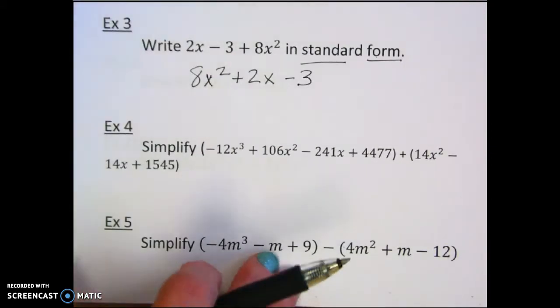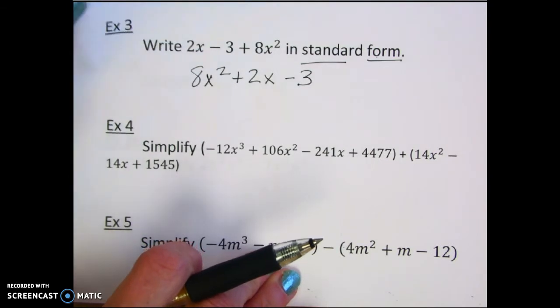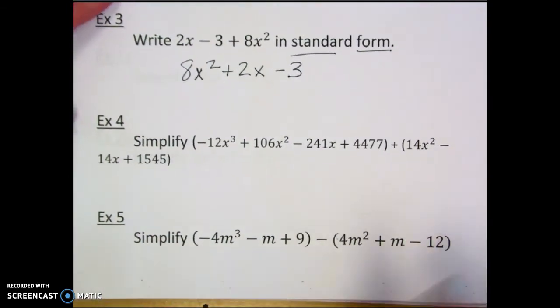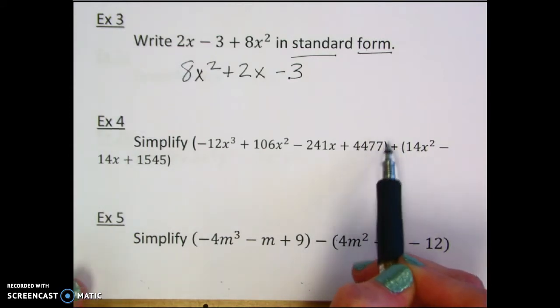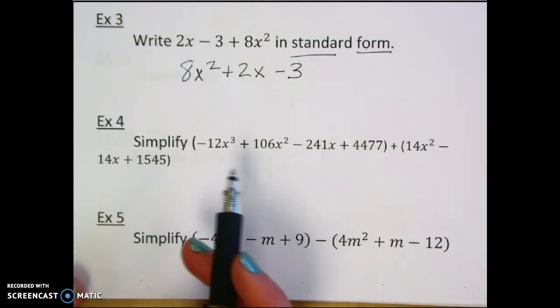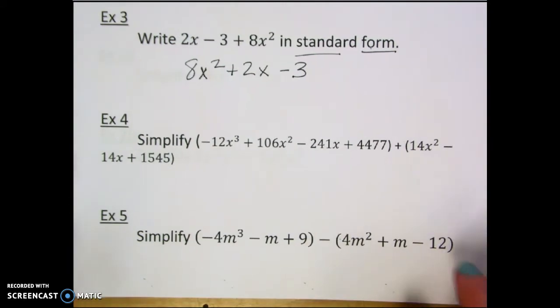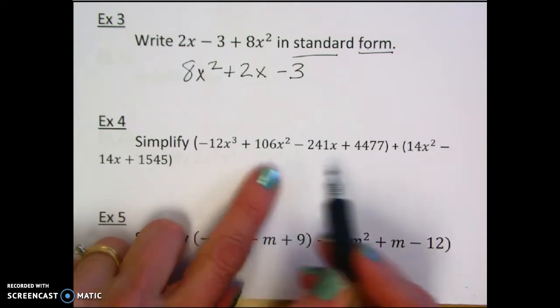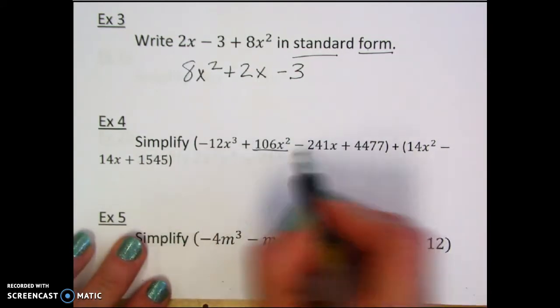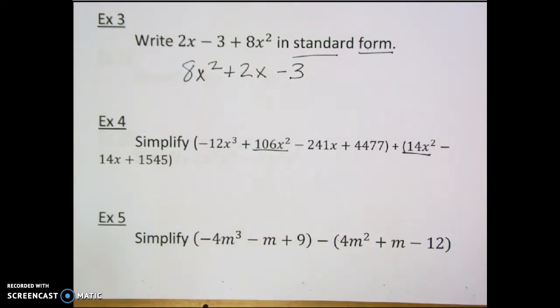All right, and then what we're looking at is just adding like terms. Sometimes they will put a big long expression in parentheses and then add another big long expression. Ignore the parentheses for a second. It's added, so order of addition doesn't matter. We're going to look for everything that can get put together. Here's an x squared, here's an x squared. I'm going to do it with these colored.